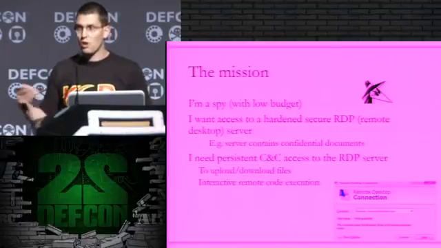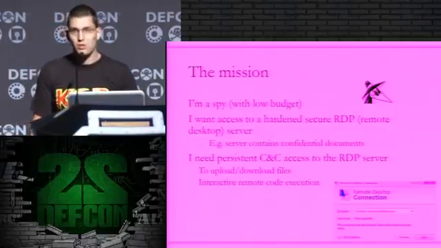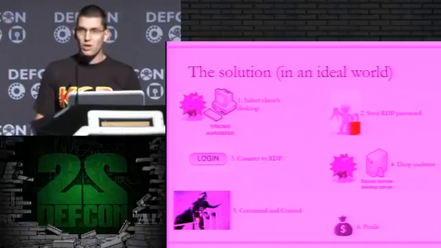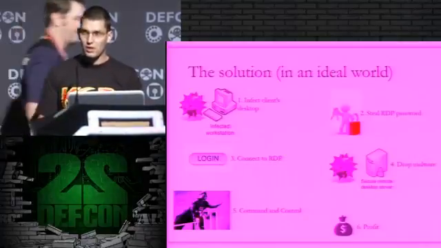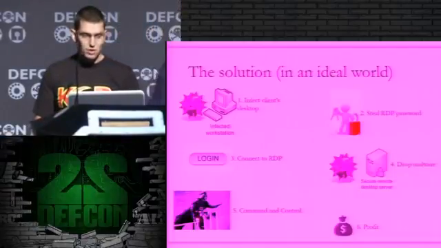For example, I want to upload files, download files, or just have some interactive remote code execution. Alright, this hack could be very easy in an ideal world. For example, let's say I infect a desktop client.